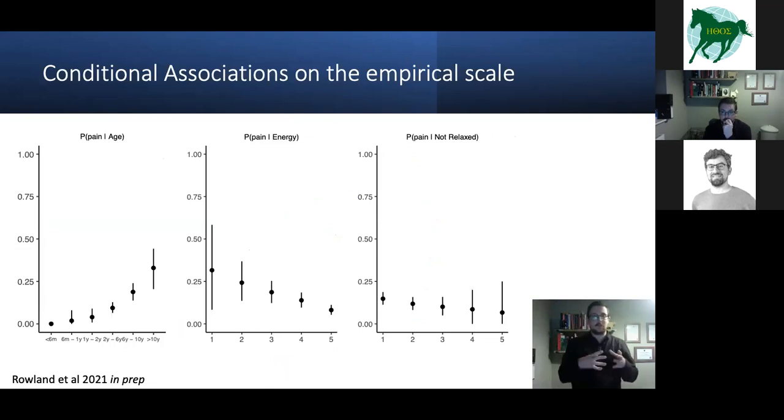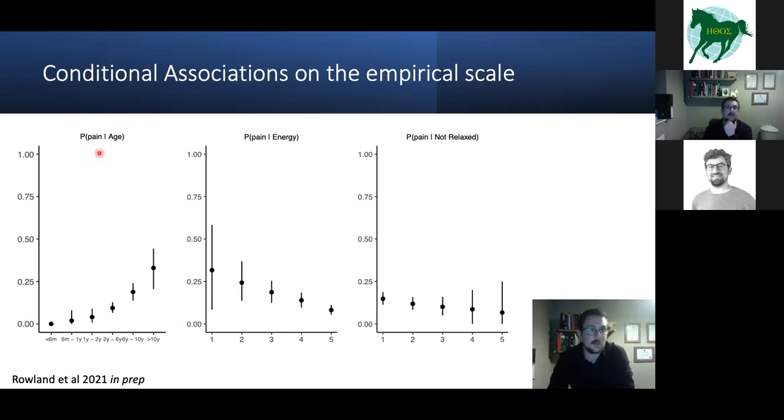Once we used the network to identify the conditional associations, we then looked at easily interpretable conditional probabilities. So what is the probability that a dog has a painful health condition given I know their score on the variables that were associated with it in the network?